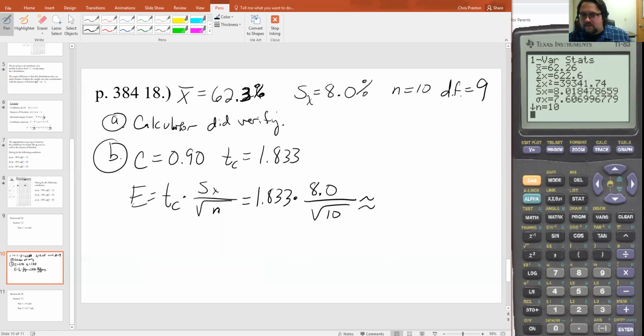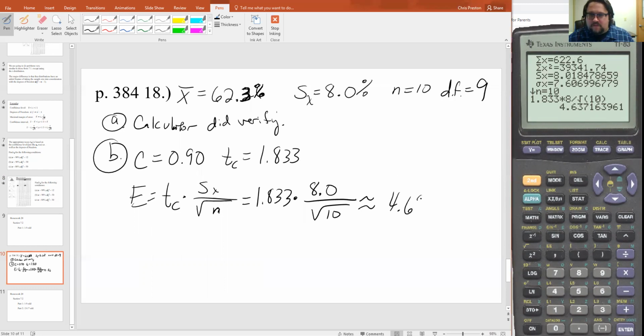Let's see what the calculator says. 1.833 times 8 divided by the square root of 10, and that's about 4.6%. These are all in percentages.